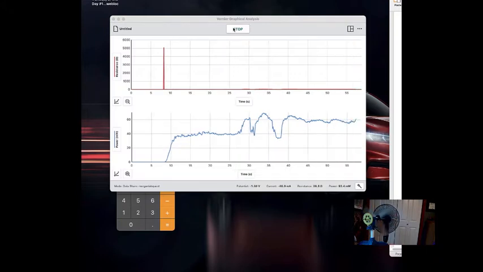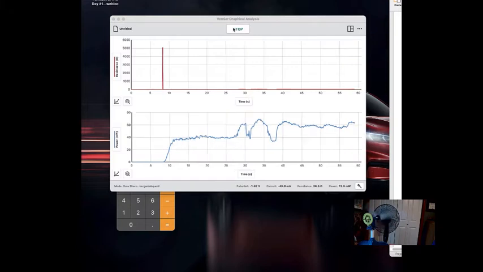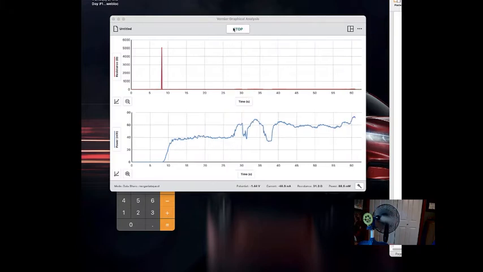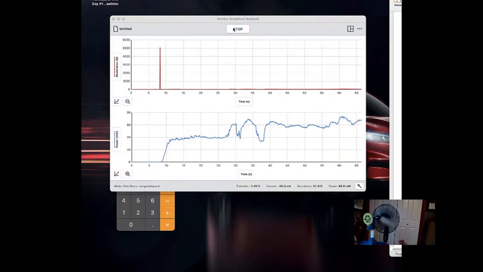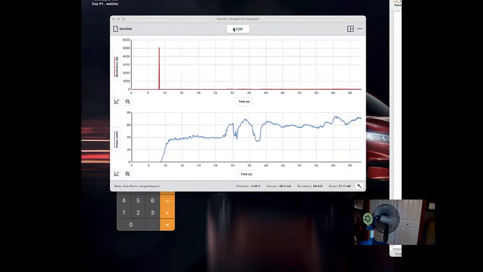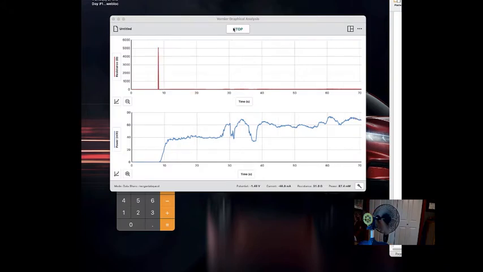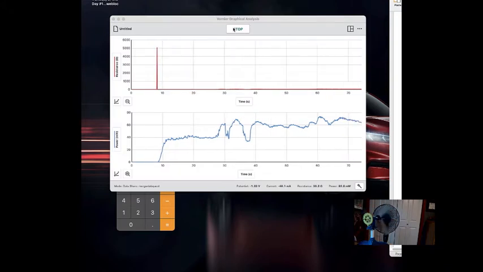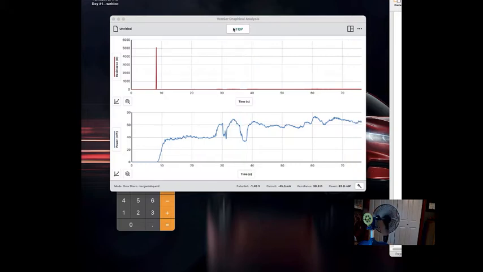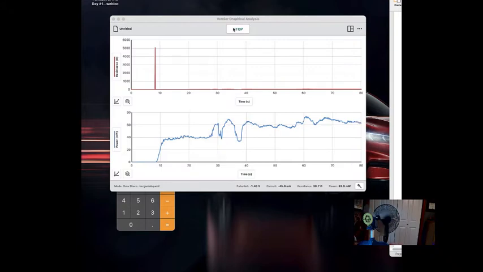And then we're going to do about 32, and the power is 67, and a little more.